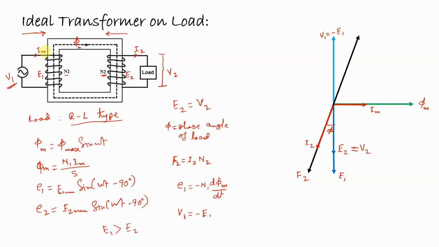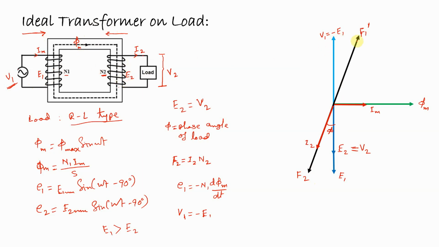So in the primary side, another magnetomotive force will be developed which is represented by F1 dash. This will be equal but opposite to the magnetomotive force produced in the secondary side. So they will cancel each other, and the magnitude of the mutual flux will remain constant. Therefore, the operation of the transformer will be continuous. There will be no change in the induced EMF in the primary as well as in the secondary.